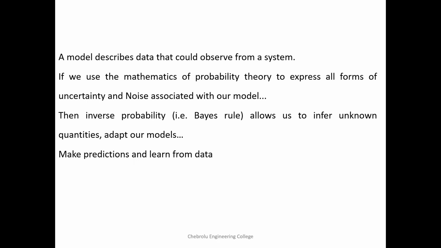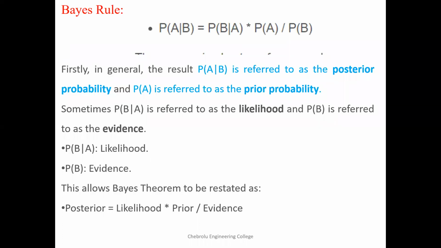If we use mathematics of probability theory to express all forms of uncertainty and noise associated with our model, then inverse probability allows us to infer unknown quantities and adapt to our models. This is called Bayes rule. Bayes rule helps make predictions from the learned data. This is called Bayes theorem, Bayes rule.